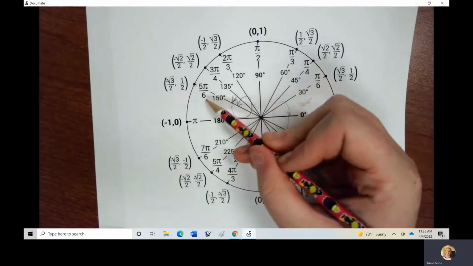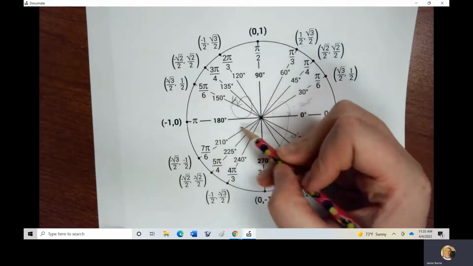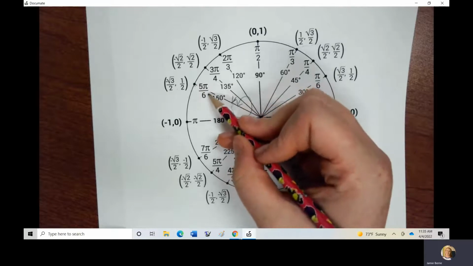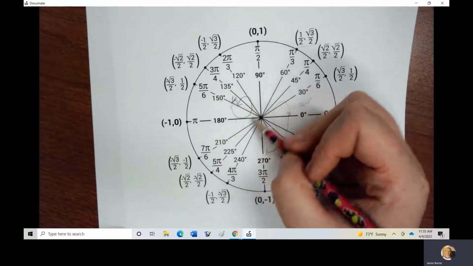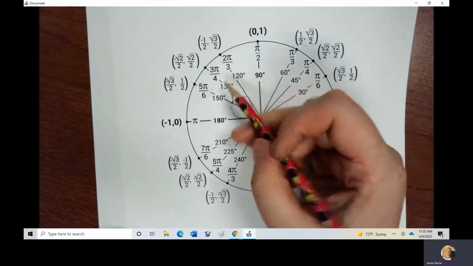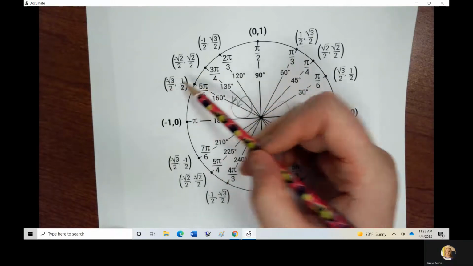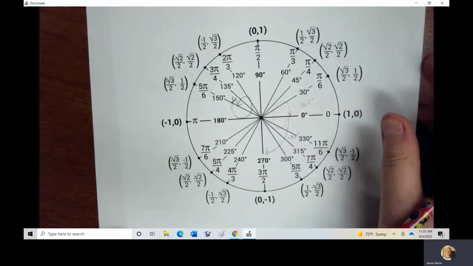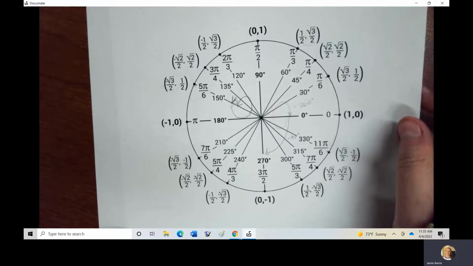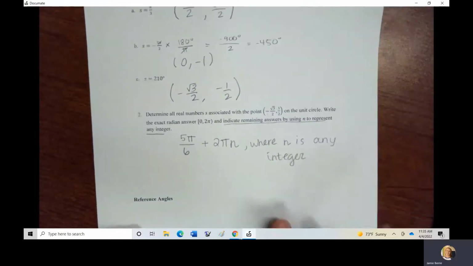It'll be 5 pi over 6 plus 2 pi. We could go around again, and that would be 5 pi over 6 plus 4 pi. So we continue to revolve around the unit circle and still be in this same spot that's associated with that ordered pair, negative square root of 3 over 2 comma 1/2.